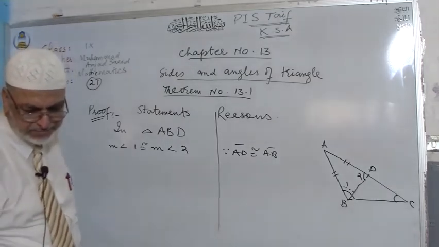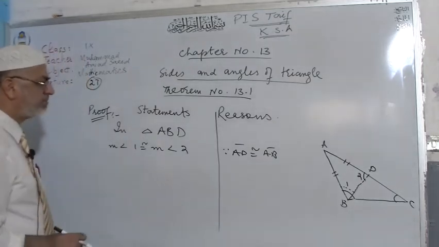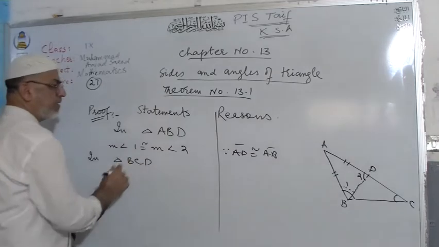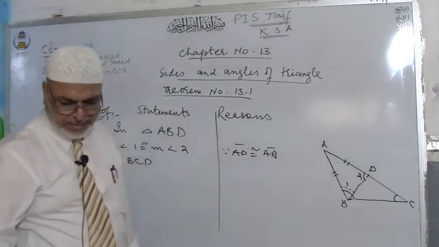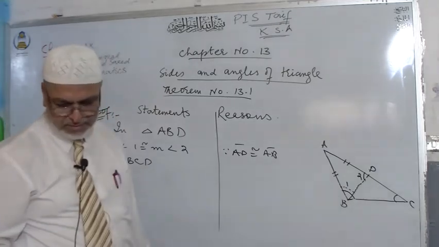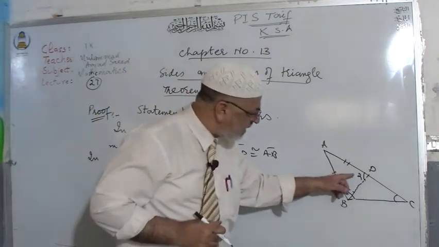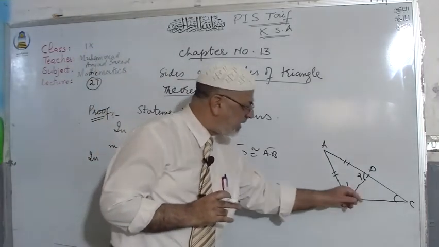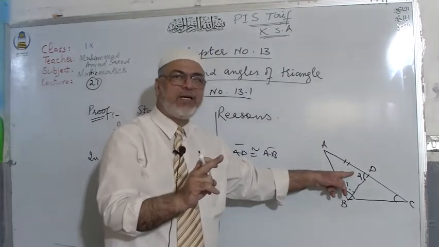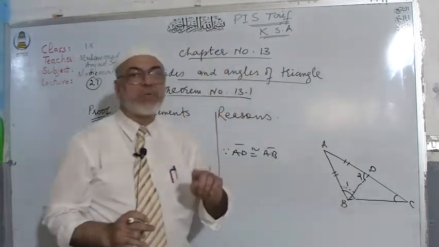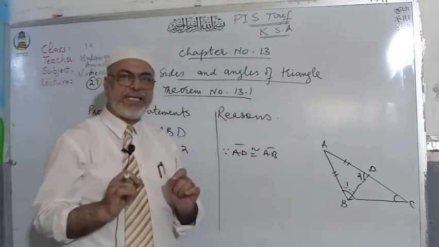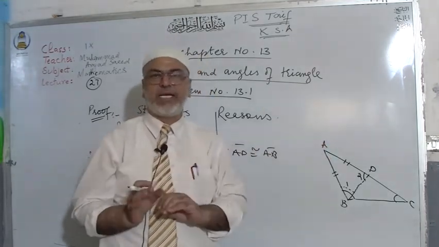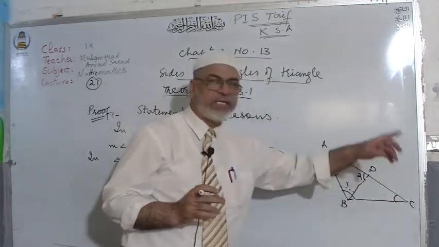And here in triangle BCD, angle 2 is greater than angle C. Why? Because in triangle BCD, angle 2 is the exterior angle of the triangle and angle C is the opposite interior angle. This is the well-known result that whenever we have an exterior angle of a triangle, it is always greater than the opposite interior angle.